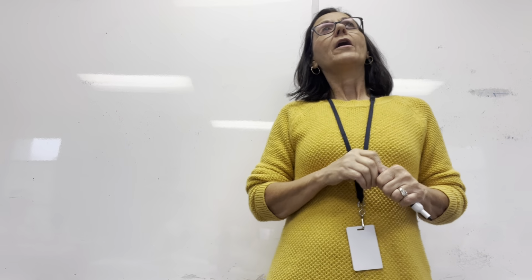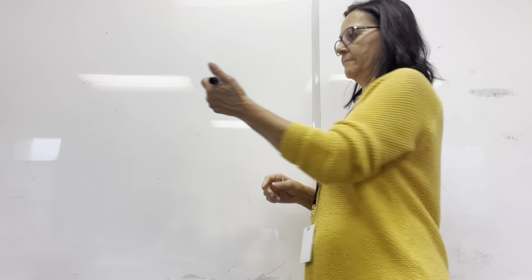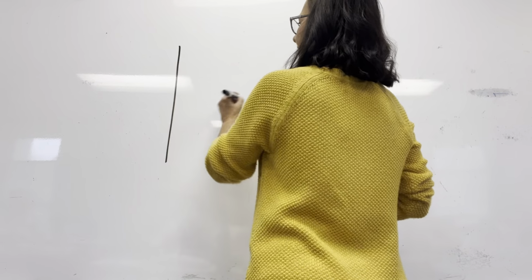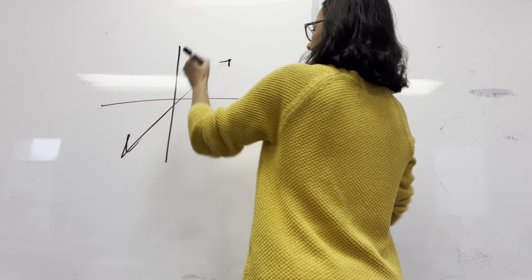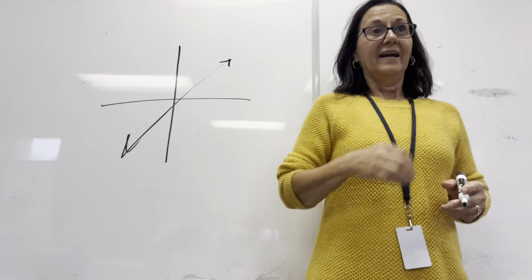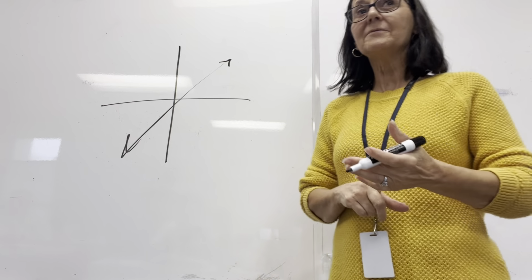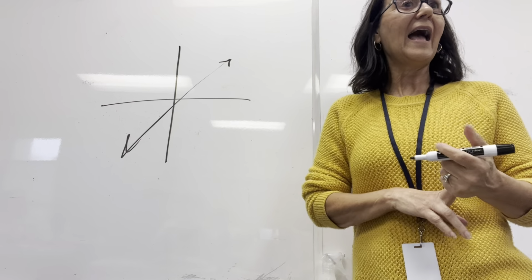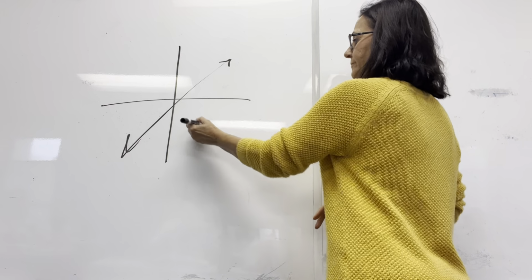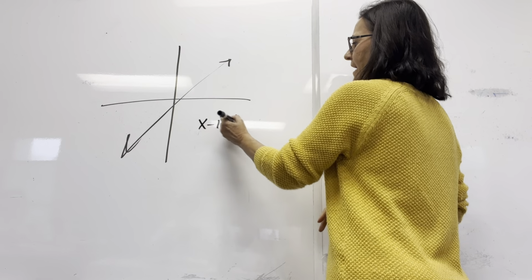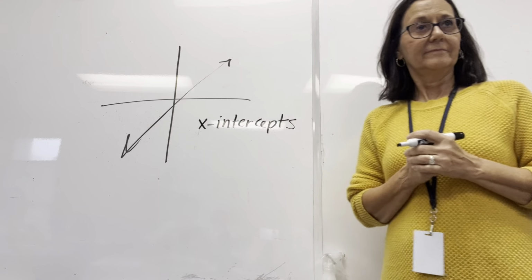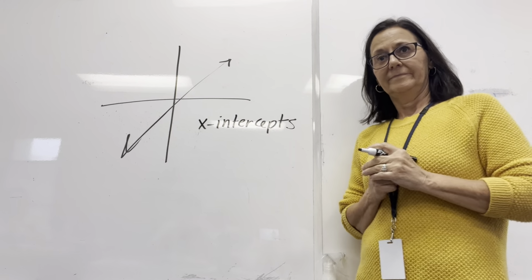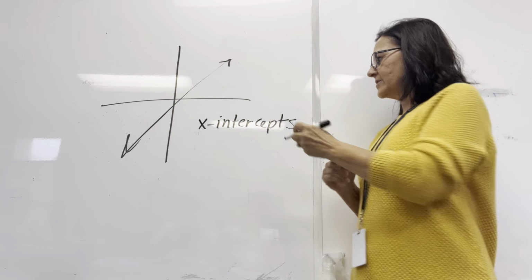What are intercepts? We have a line. There are lines that intercept other lines. We have x-intercepts and y-intercepts. What are x-intercepts? They intercept the x-axis.